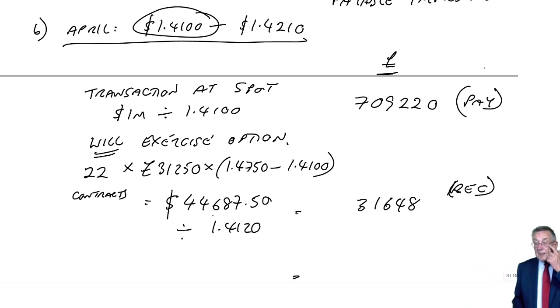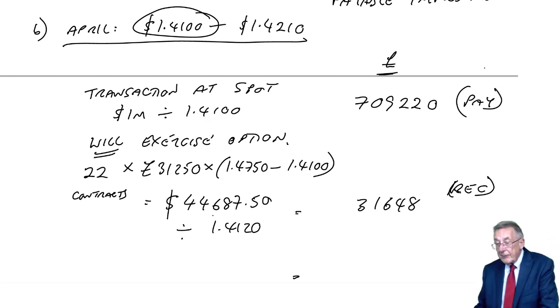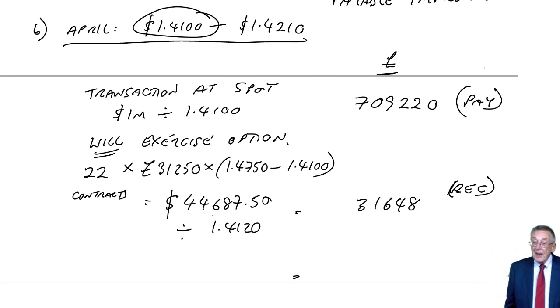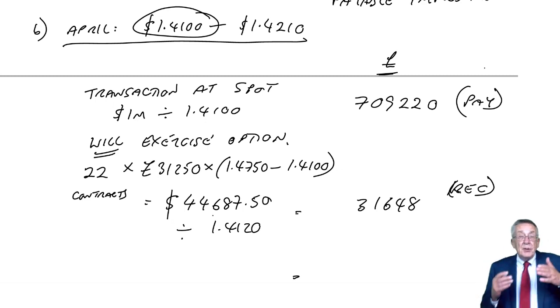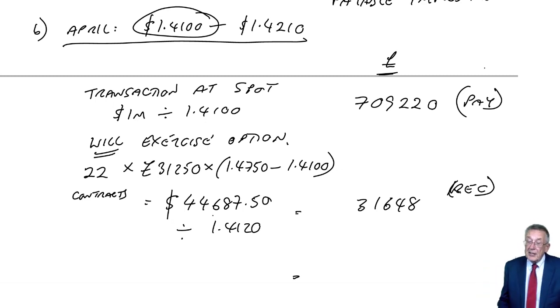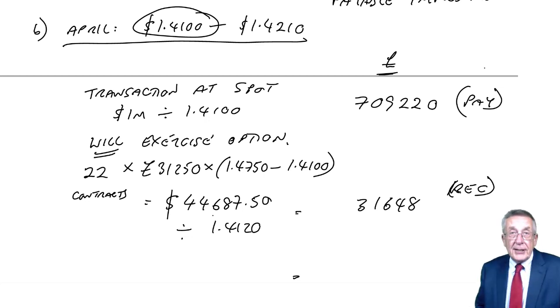So do see what's happened here, please. We converted the transaction at spot. 709,220. Because spot was worse than the rate we'd agreed, the exercise price, well, we can't convert the transaction at the exercise price.